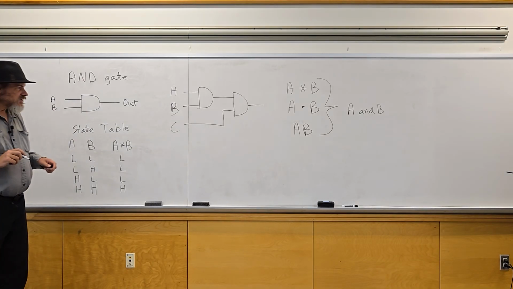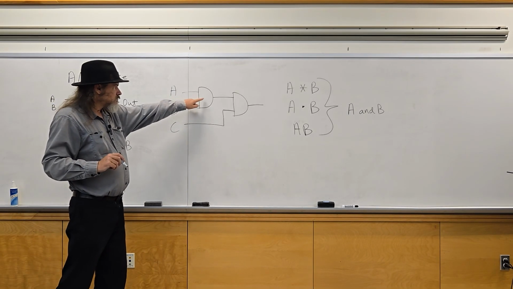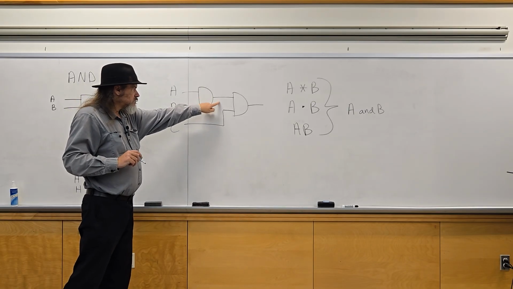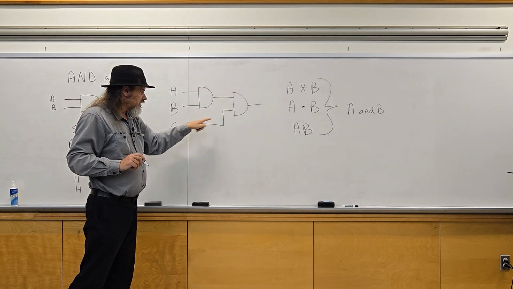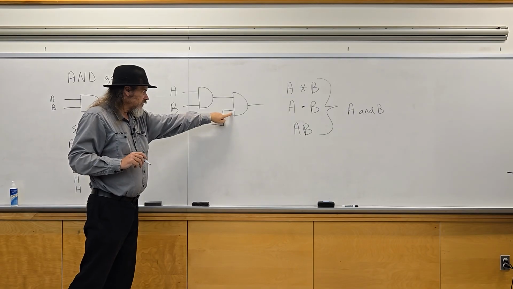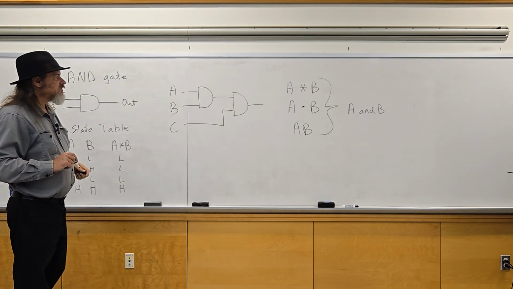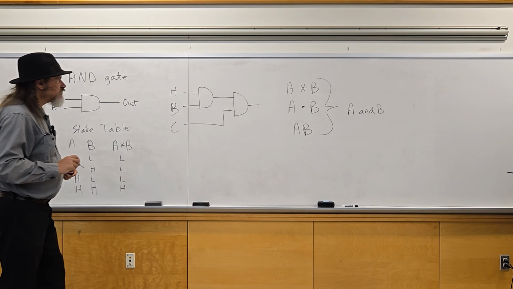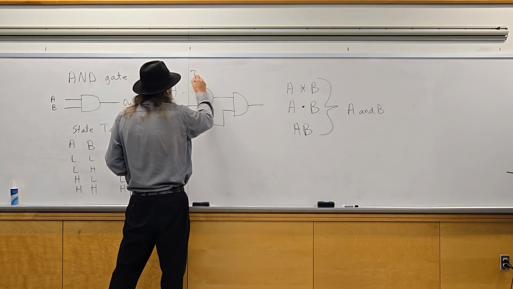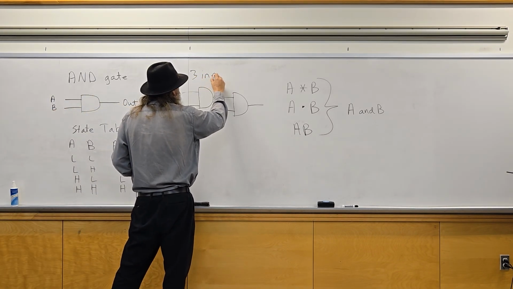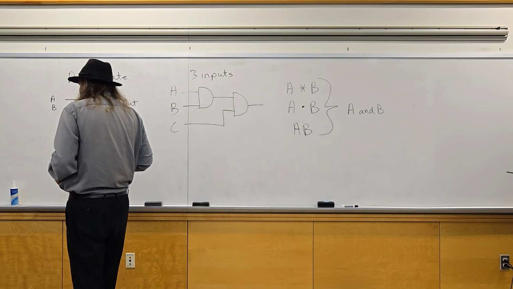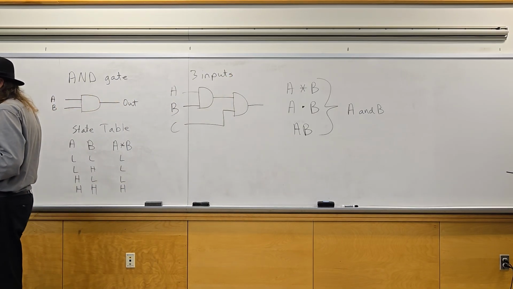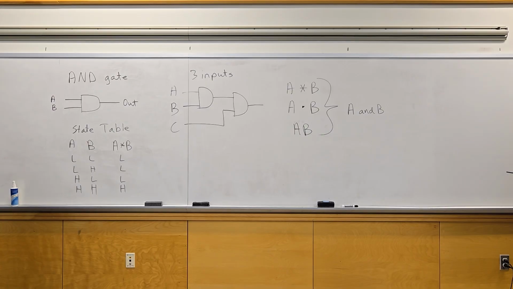You can feed the output from one into the input of another, and then have the third input going into the second AND gate, and make it a three-input AND gate. They cascade together well that way.